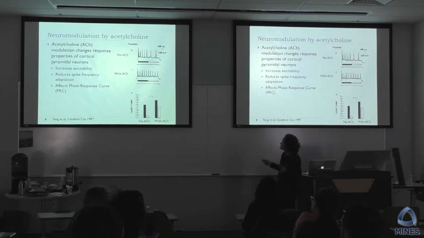So these are two cellular responses. Another change of cellular properties with acetylcholine is that it affects the response properties to input, and these can be measured in what we call a phase response curve.